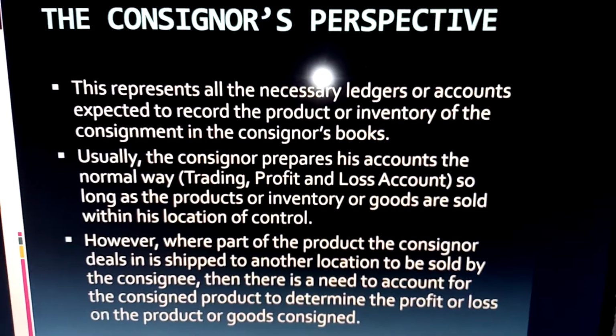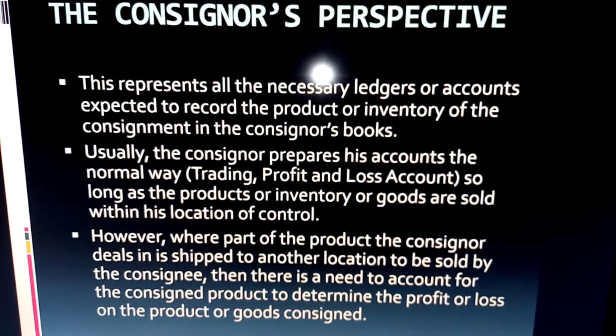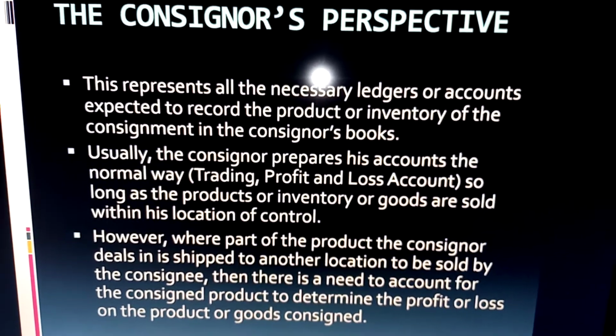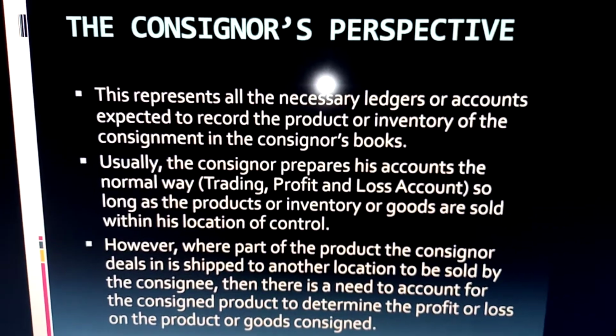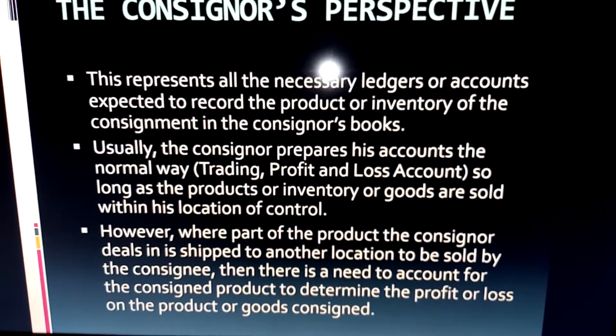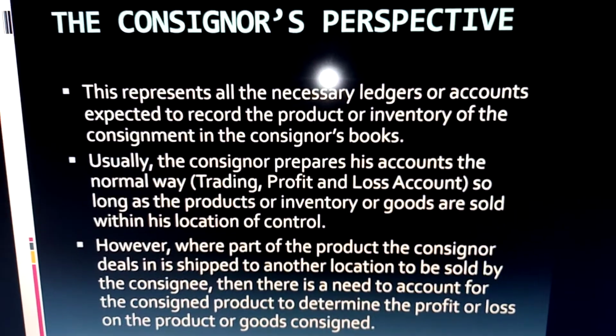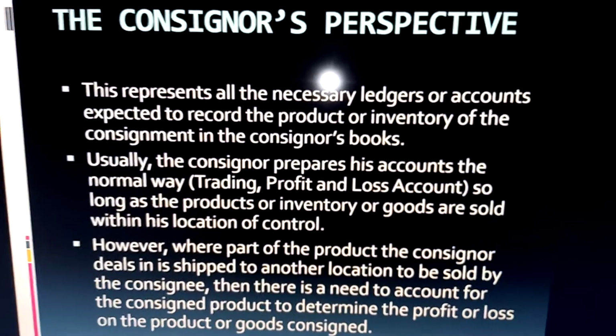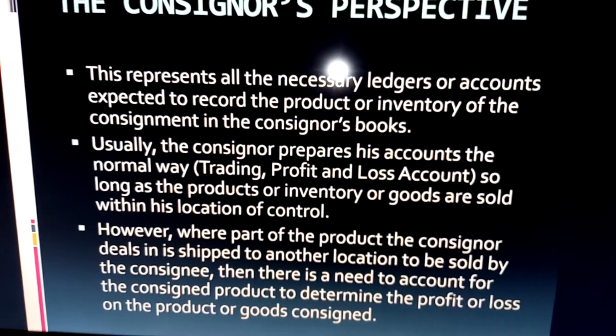The product sent out is the consigned goods, or the goods on consignment. The goods on consignment need to be accounted for to know the profit made, which would then be taken to the general profit and loss account of the business.